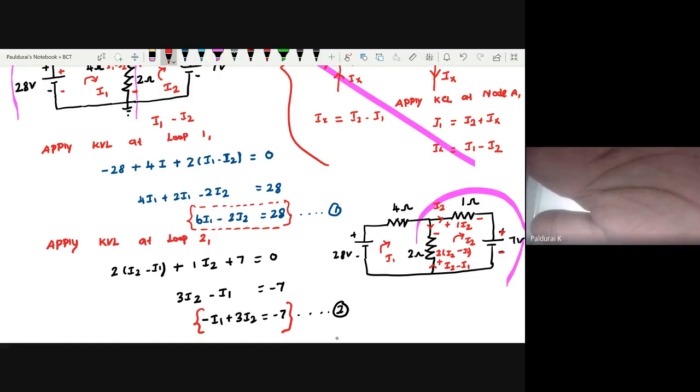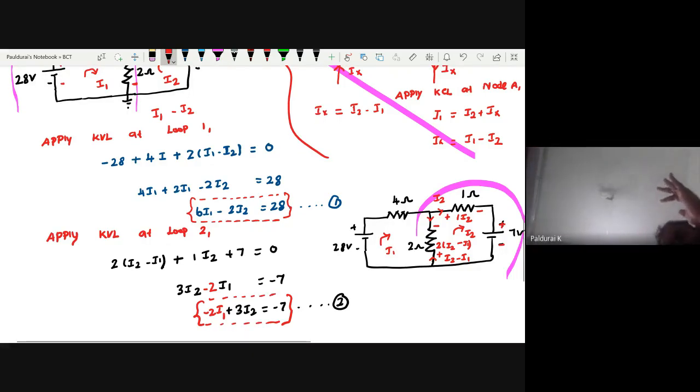So 2I2 minus 2I1 plus I2, right? So 2 plus 1, 3I2. So here also you will get minus 2I1, plus 3I2. Correct? Yes, sir. Yeah, thank you.